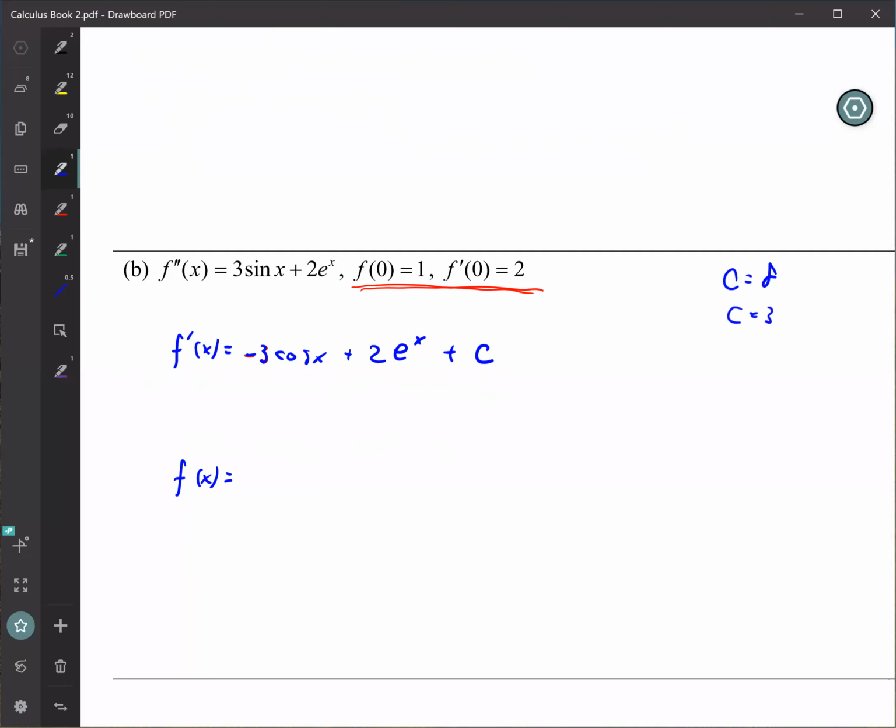Hello, can you hear me? Yeah, I can hear you now. Okay, so what's the antiderivative of -3 cosine x? It should turn into -3 sine x, plus, what's the next term then?